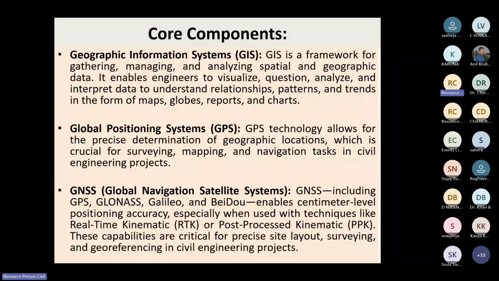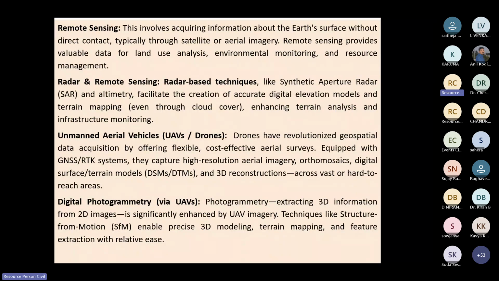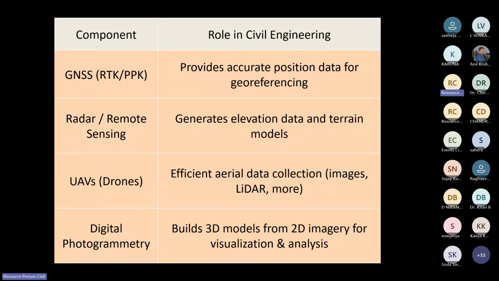That is the main difference between the GNSS survey and the theodolite or physical instrument survey, total station and other instruments. Right. So these are the components, and they play a vital role in our civil engineering applications, providing accurate position data for georeferencing.